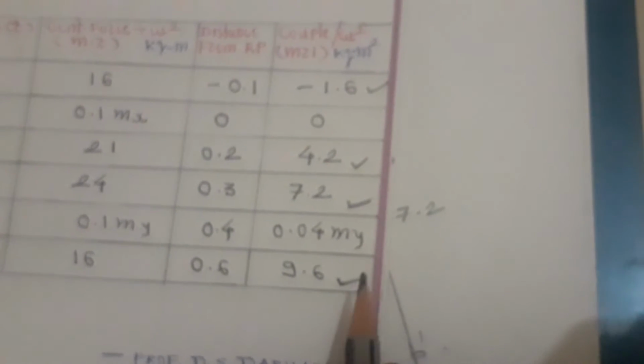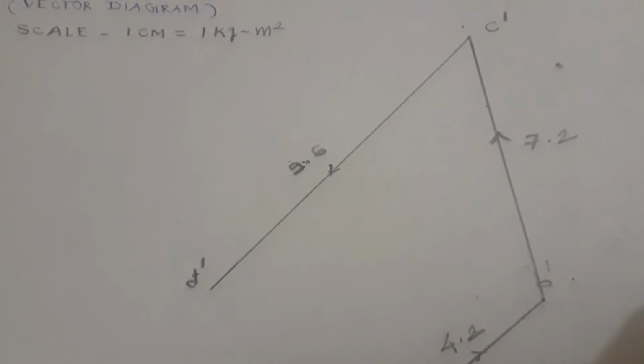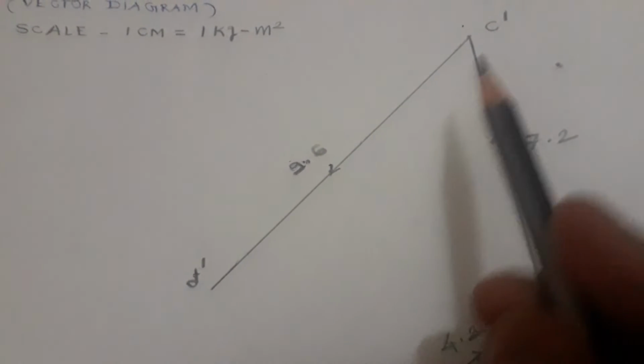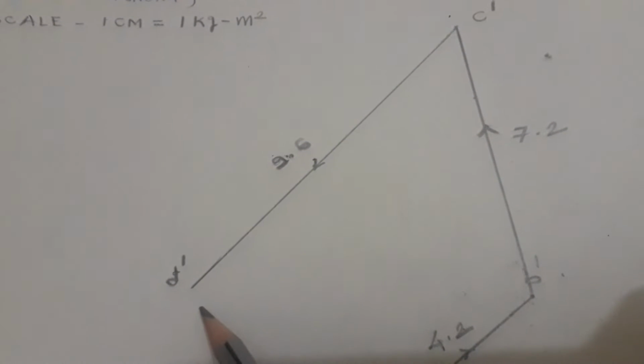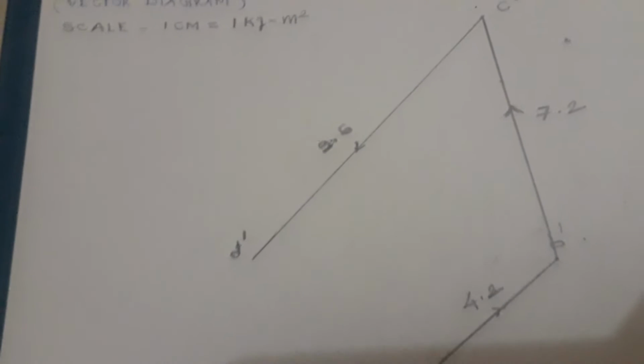After this, we can move towards the plane D, and the magnitude is 9.6. So here is the magnitude 9.6, and we have got this particular point D dash.